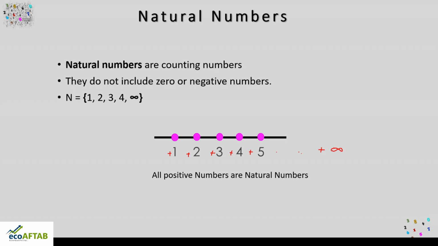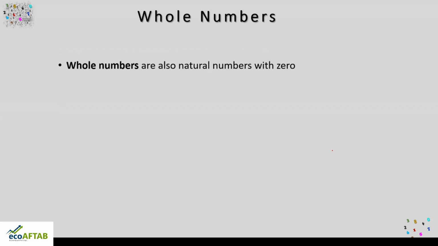So the first type of number that we understood is natural numbers. All positive numbers are said to be natural numbers. Then we'll move one step ahead. We'll see what is the contribution made by India to the number system. That contribution makes the number a whole number. So whole numbers are also natural numbers with 0.